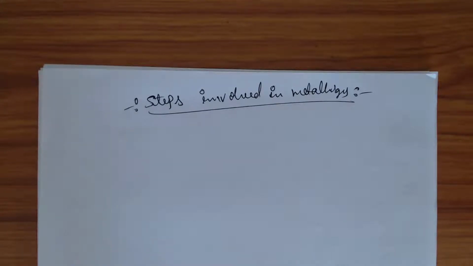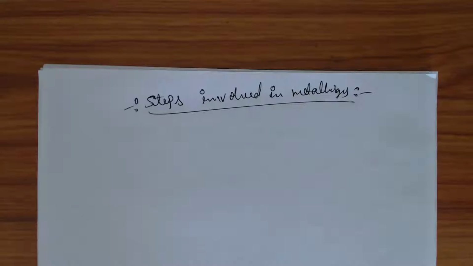So students, if we convert any of the ores into oxide, that will be easy to reduce with carbon and carbon monoxide. So all the concentrated ores are converted to oxide, by calcination and roasting methods.